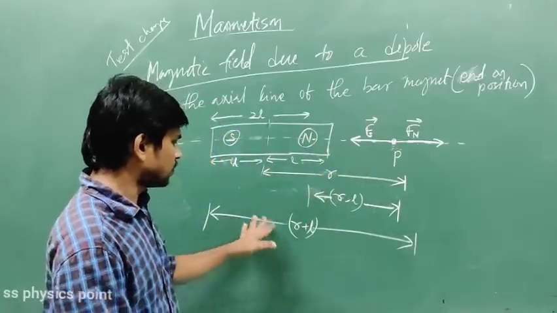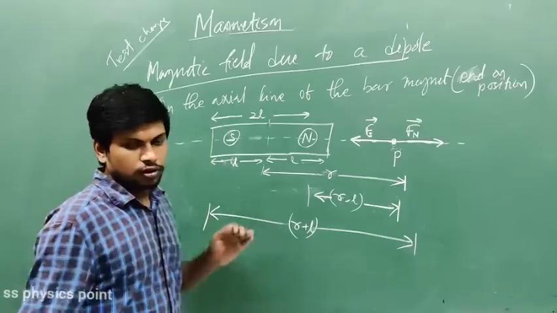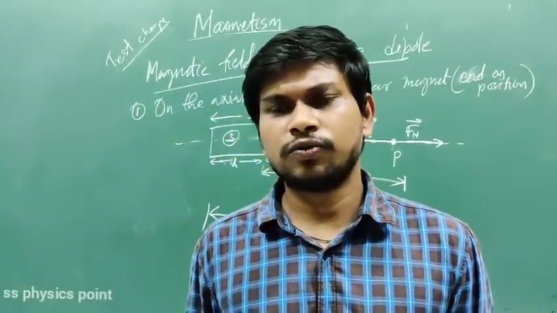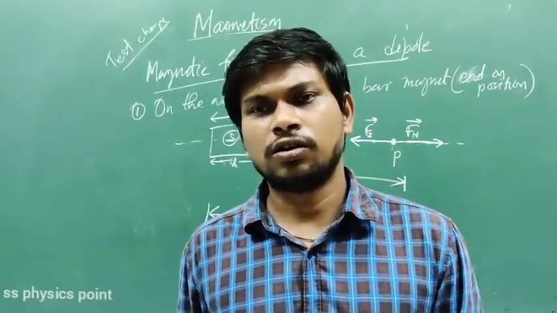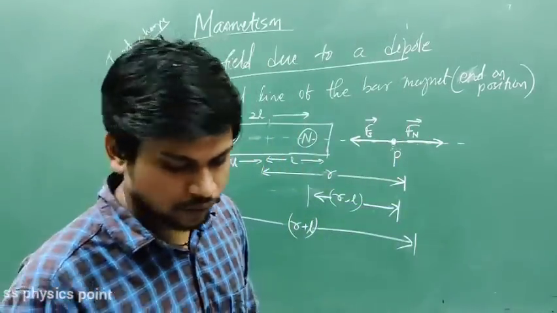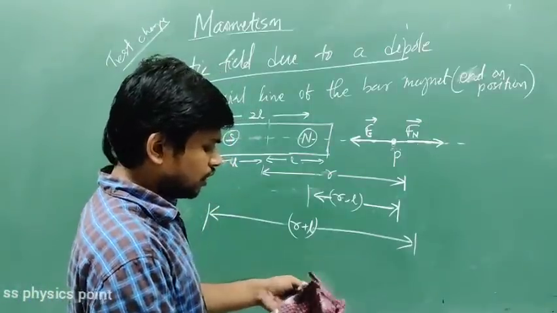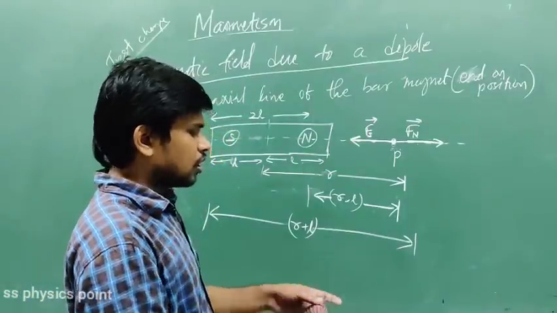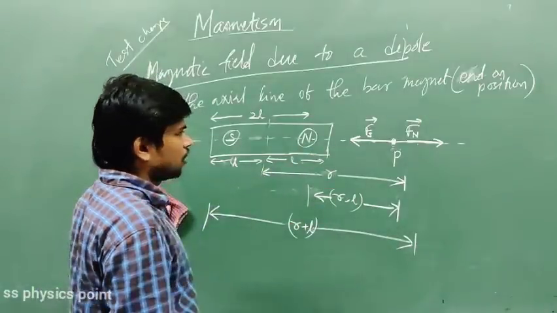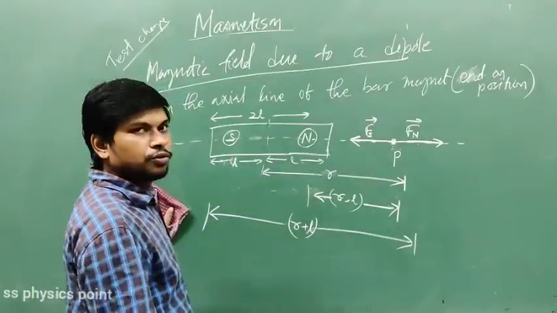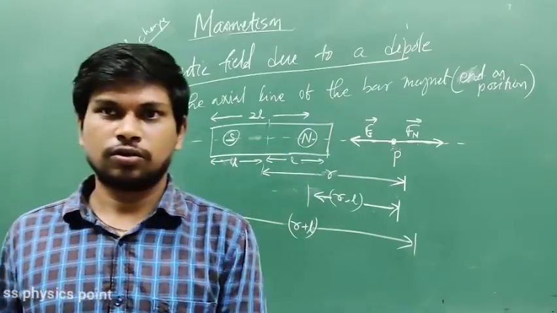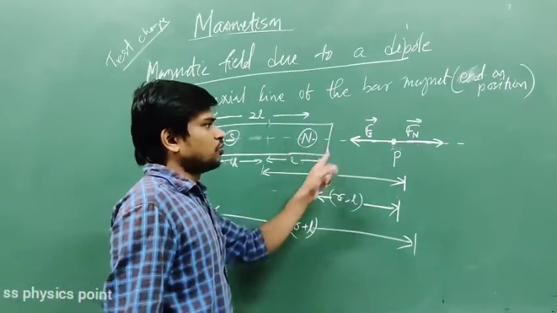Very fast thing, after that just write it: the force acting on a unit north pole at point P due to N pole or north pole.